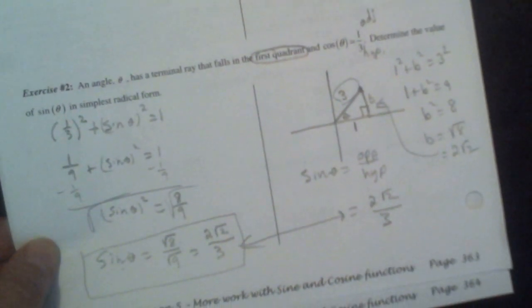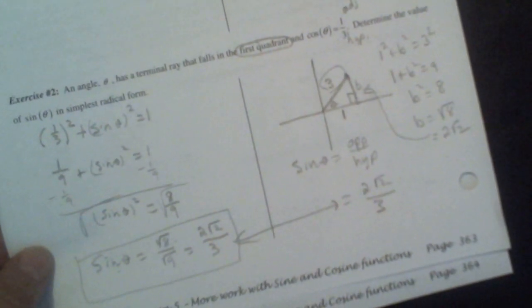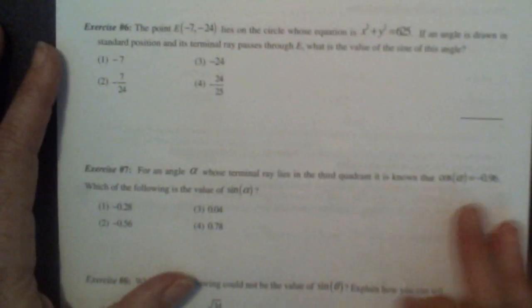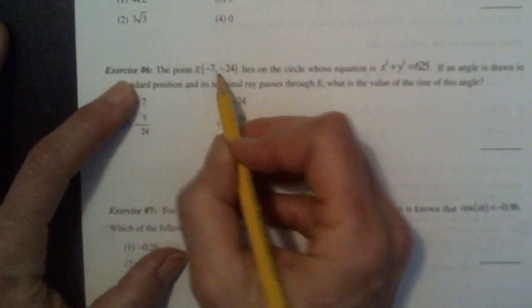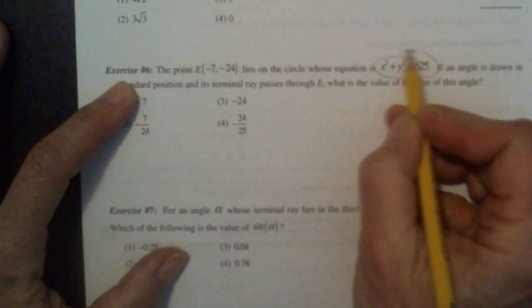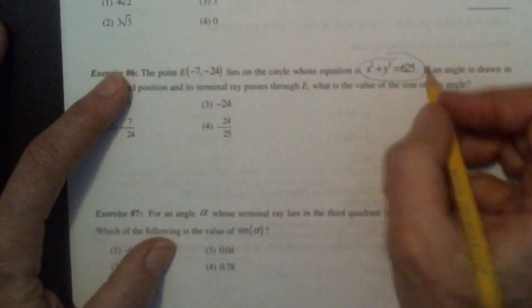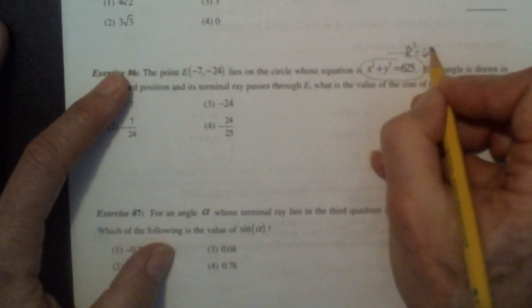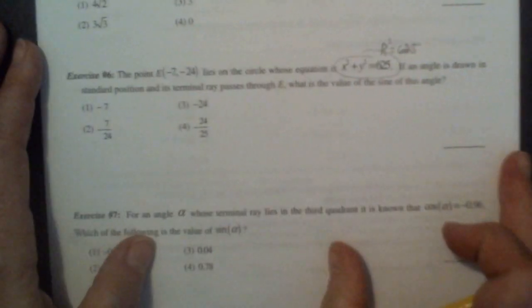So that's page 363, and then the last one is page 365, exercise number 6. So number 6 says, we have a point E on a circle whose equation is x squared plus y squared equals 625. Well, we know this is r squared is equal to 625, so we can probably figure out r.